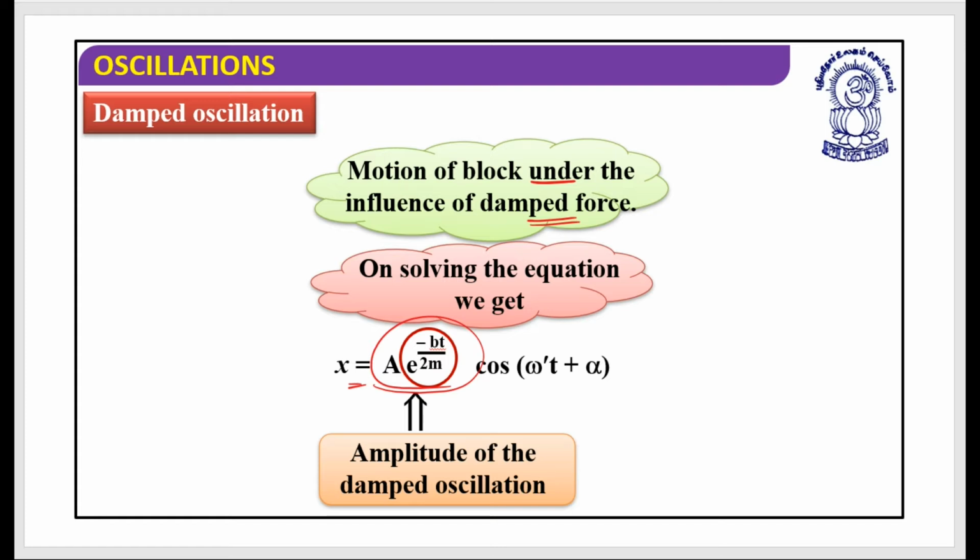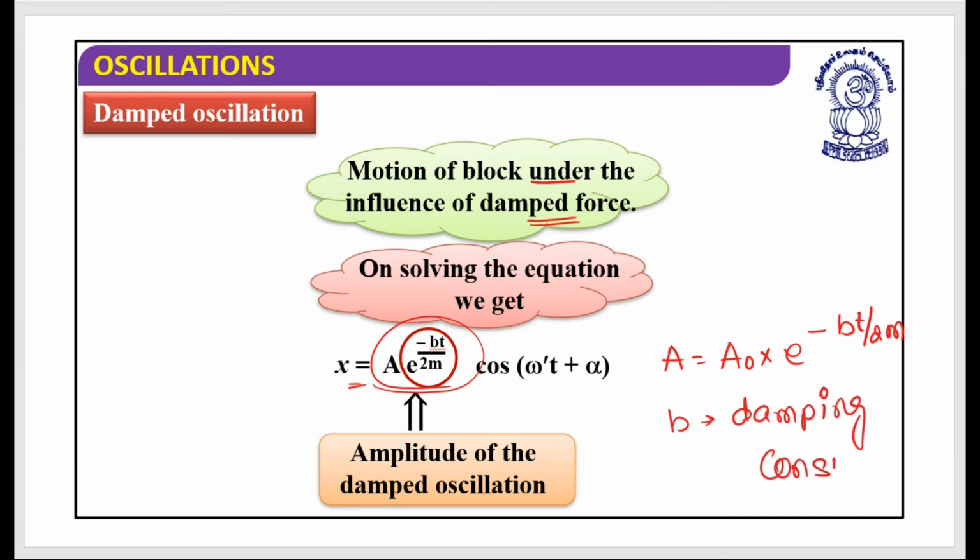This is the amplitude, so I can write amplitude equals A0 into e to the power minus bt by 2m, where b is the damping constant and the rest of the terms you know. So this is the decreasing amplitude that we get.